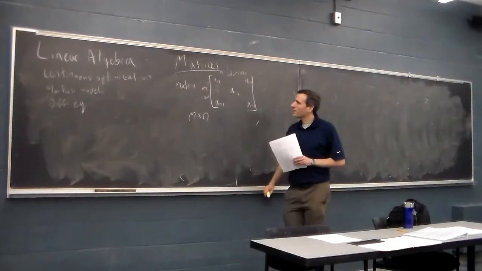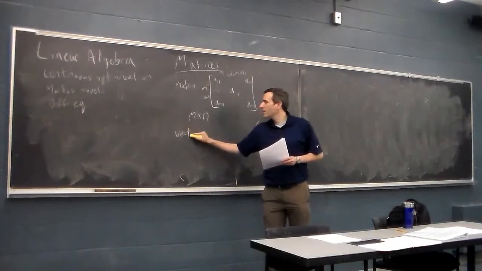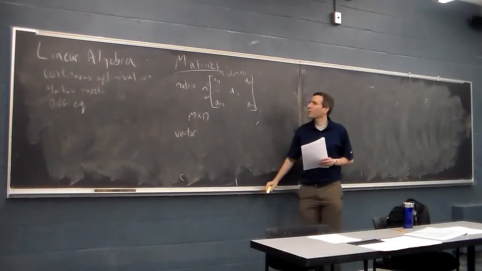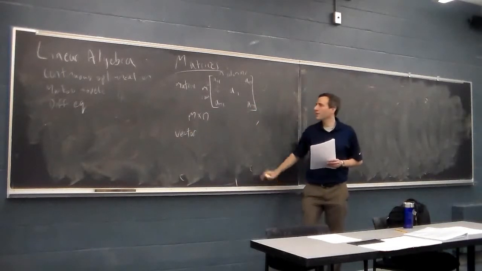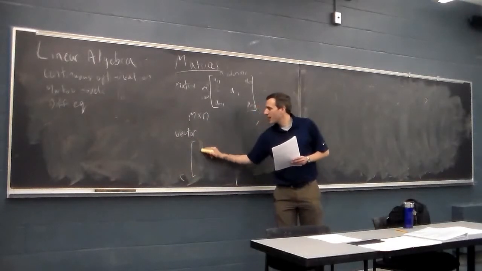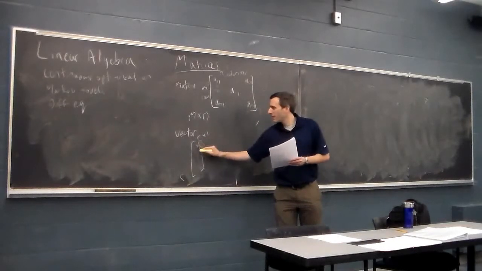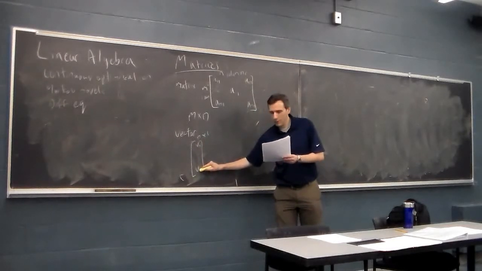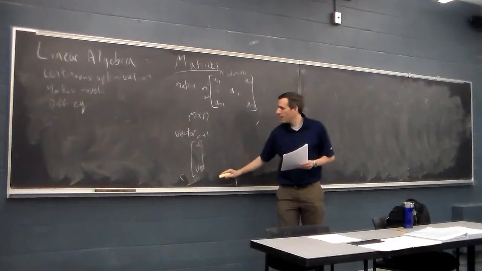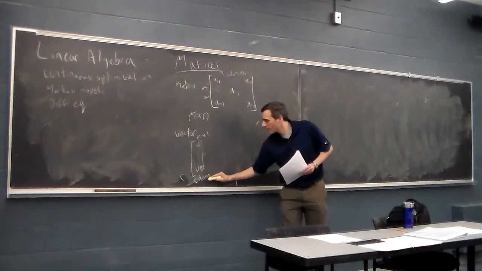All right, so one important special case of a matrix we'll commonly see is a vector. So a vector is a matrix where one of the dimensions is 1, so either m is 1 or n is 1. And we'll typically write this either in the form where we have an m by 1 matrix, or m by 1 vector running v1 through vm. And this would be commonly referred to as a column vector.